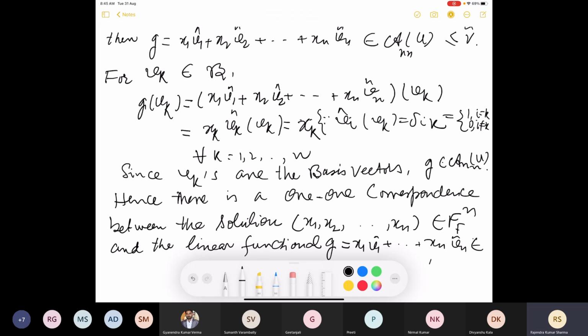This is in the annihilator of U. So once there is a one-to-one correspondence between the solution and the corresponding linear functional in the annihilator, naturally the number of linearly independent solutions therefore would be the dimension. So the number of linearly independent solutions will be the dimension. So this will be n minus r.